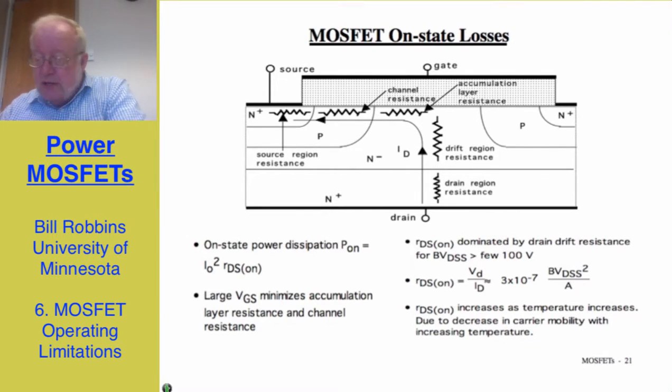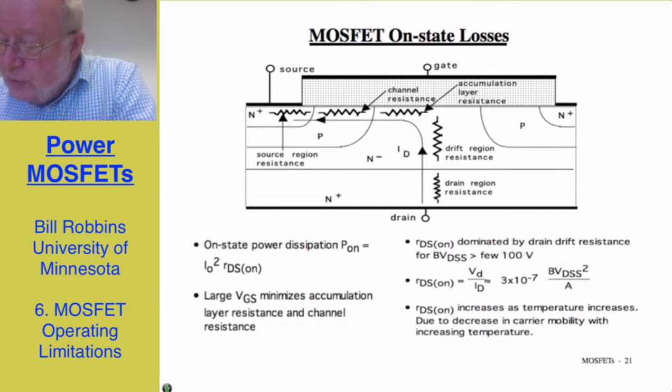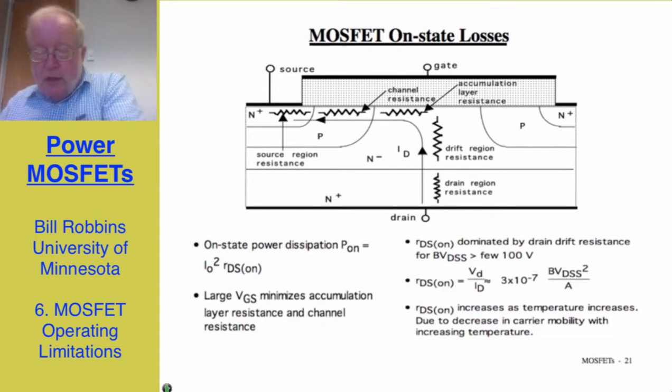There is the resistance of the source diffusion that I've indicated, the resistance of the channel, the so-called accumulation layer resistance, which is where the current is now in the drain region but begins to bend over from being horizontal to the top surface to going vertically. There is the drift region contribution, and finally the drain region contribution.